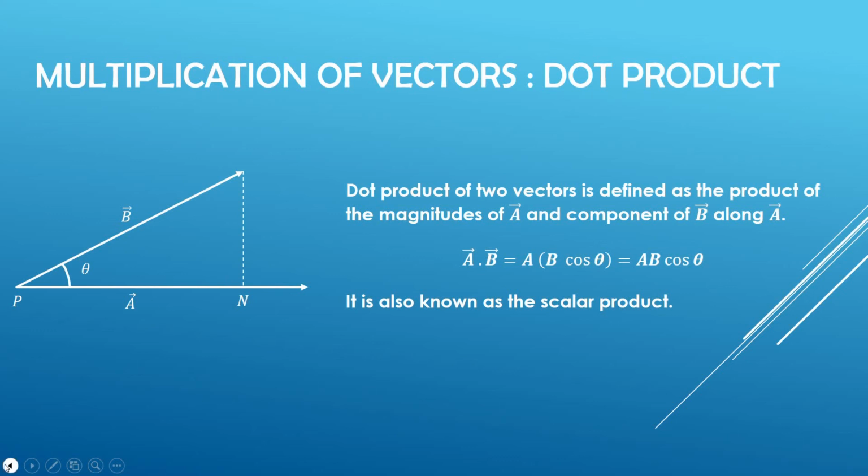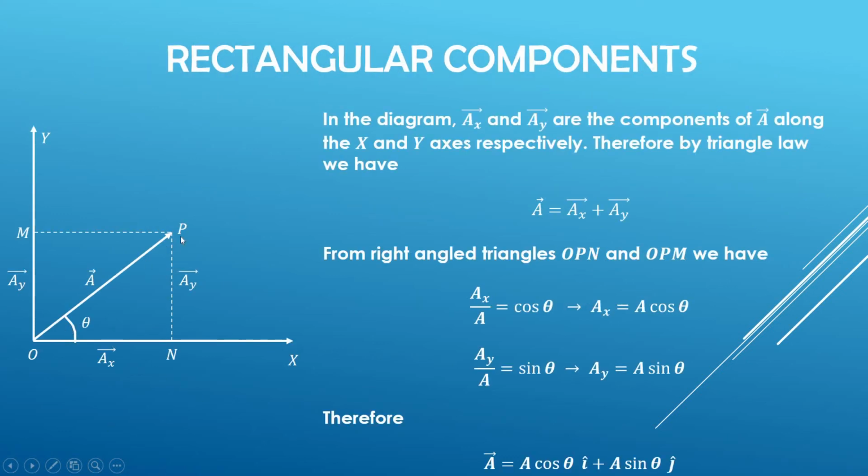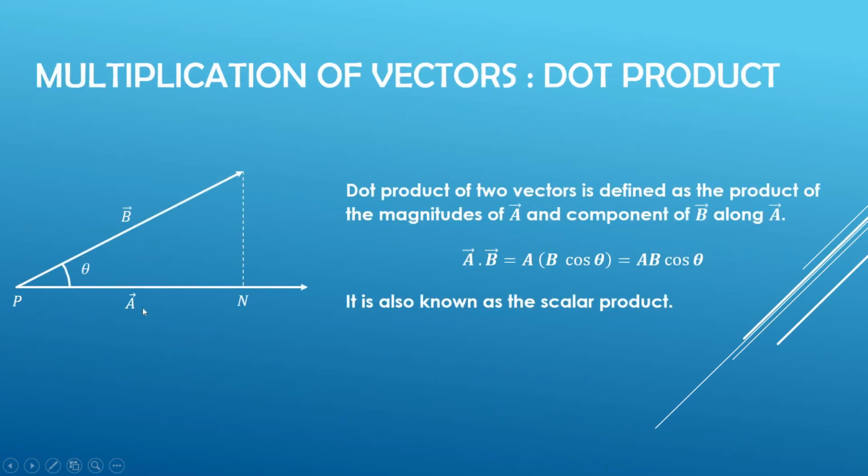As I have already said, AX is the component of A vector on the x-axis. Similarly, B vector has a component along the A vector, and the component is B cos theta. Then the multiplication of the magnitude of A and the component of B along A is known as a dot product, and it is given by AB cos theta.